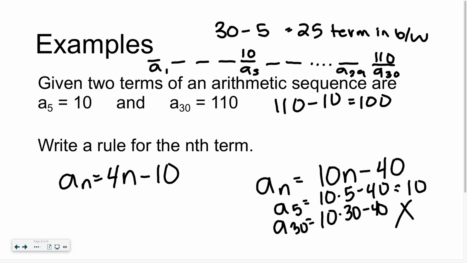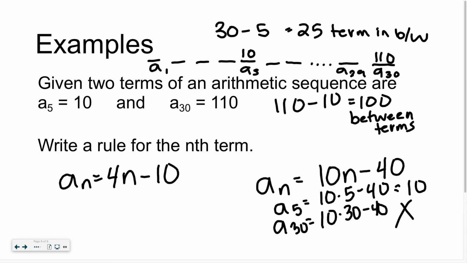Like the change, like how much you totally added to 10 to get the next term in the sequence, which is not really the one right next to it, but 25 down. Okay, so 100 between terms, or how much we added from one term to get the next.